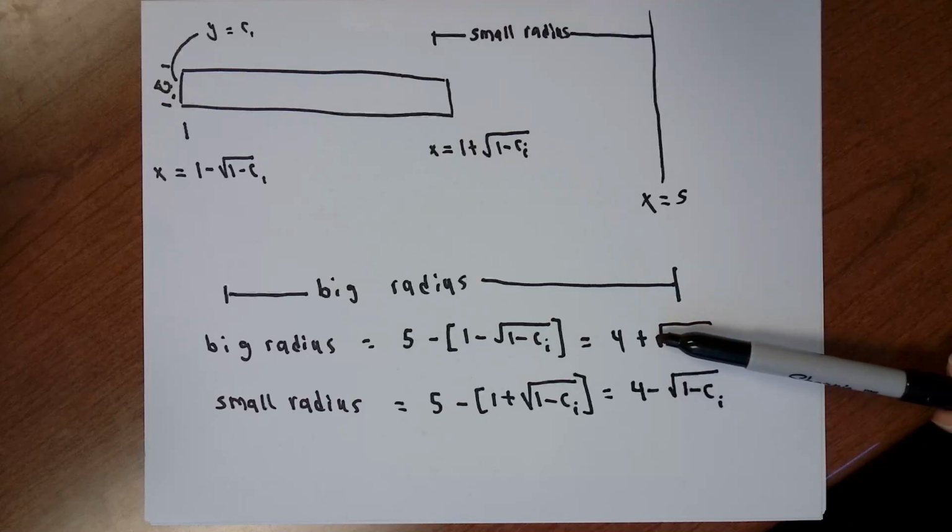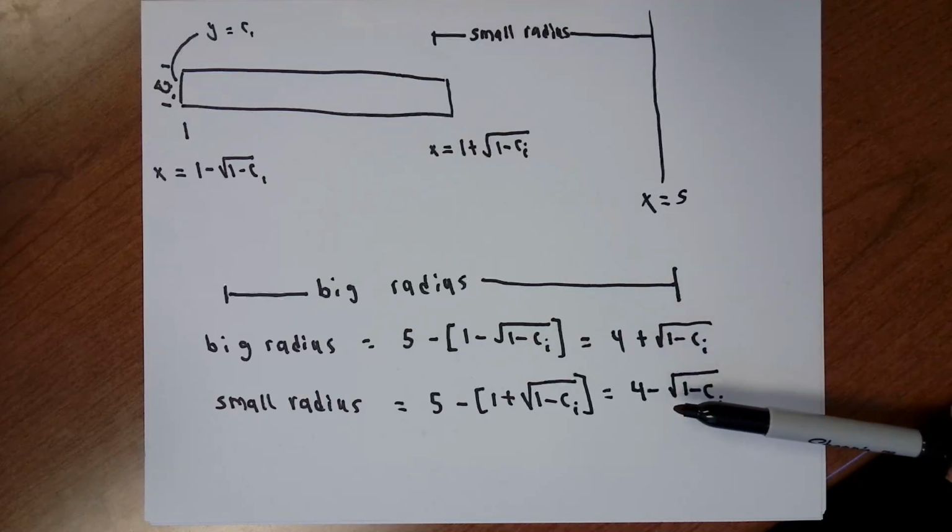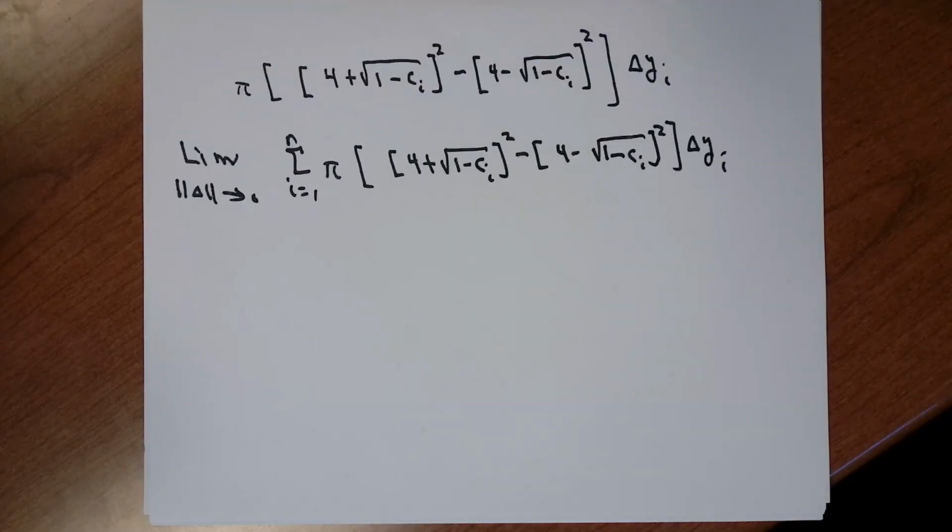I need to square this quantity, subtract away the square of that quantity, multiply the result by pi, multiply that by delta y number i, add them up, and take the limit. As usual, this is going to turn into an integral.